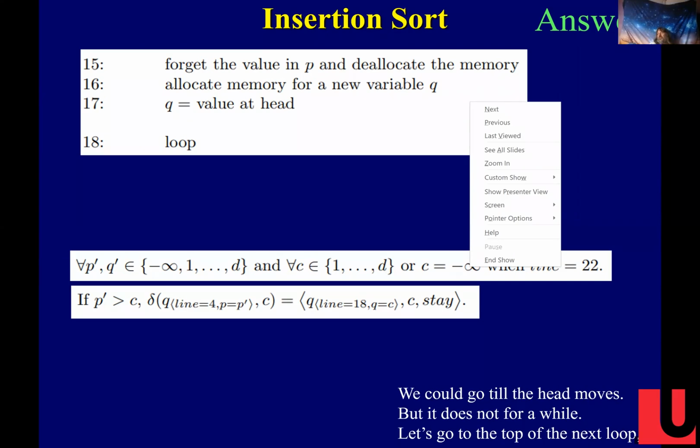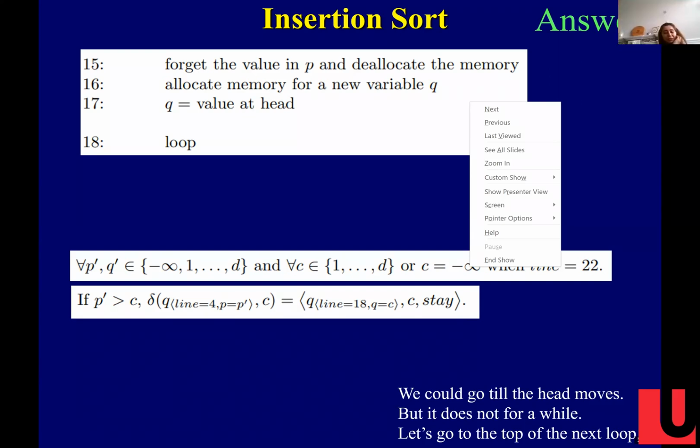D plus 1. Right. So if I said line 4, P equals something, Q equals something, then there would be D plus 1 squared such states. Because for each value, there are D plus 1 values of P and D plus 1 values of Q. And that gives me D plus 1 squared states.